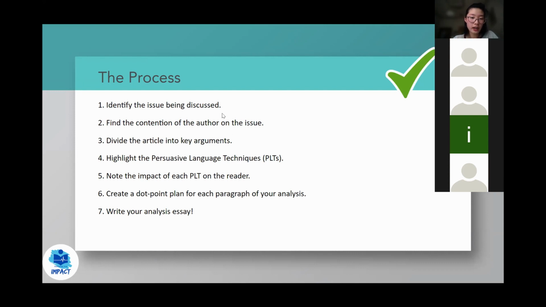So I've got here an example of an order to approach it. We identify the issue first, and then talk about the contention, and then divide the article up into key arguments. Typically you would divide it into 1, 2, 3, and then highlight the key PLTs and think about the PLTs' effects on the reader. Then you can create a dot point plan for each paragraph of your analysis, and then write it up.